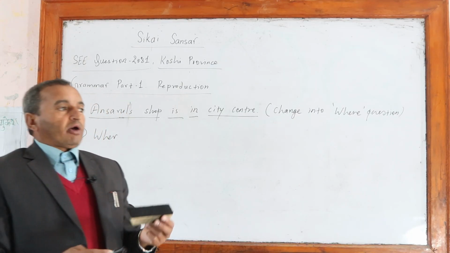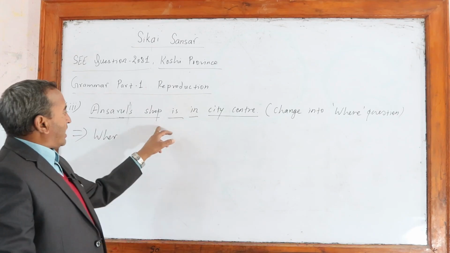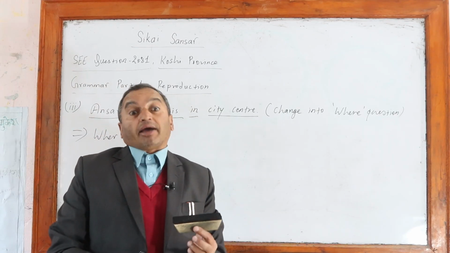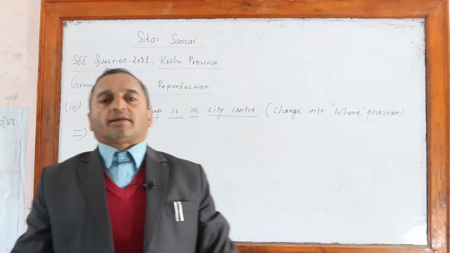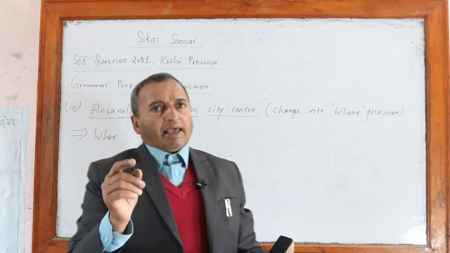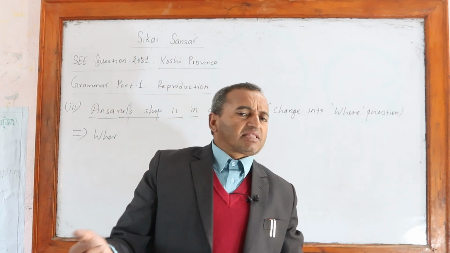So when there is where, no need to write city center. And then what is the tense? Ansarul's shop is in city center. It is in simple present tense. When an auxiliary verb is given, it becomes easier than the others.